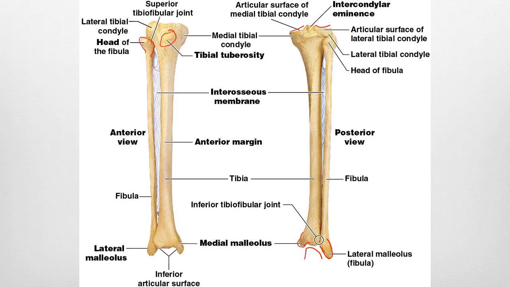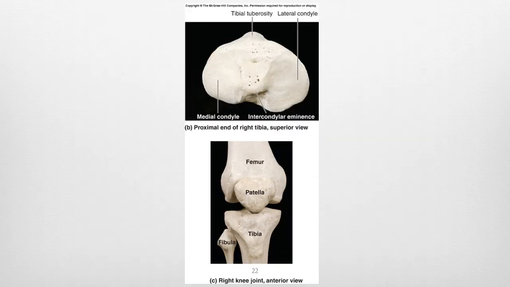And the two of them are going to kind of grab onto it. So those malleoli are, if you were to feel your ankle, what most people call their ankle bones. And there we can see now the femur, the tibia, and the patella all together.